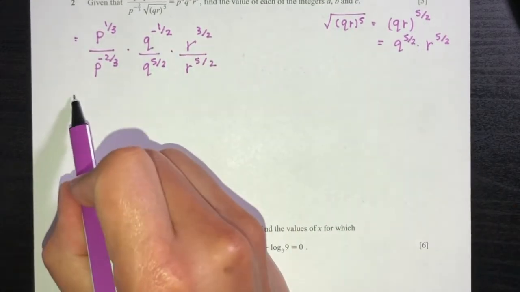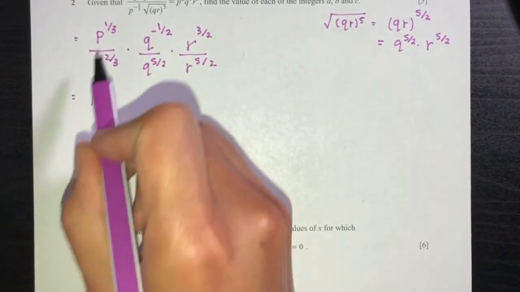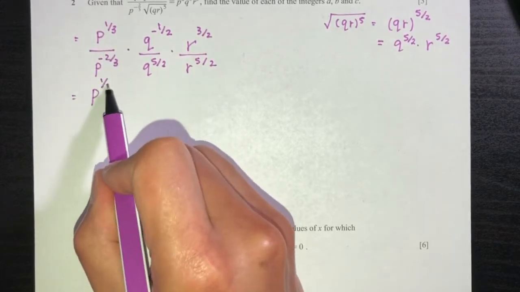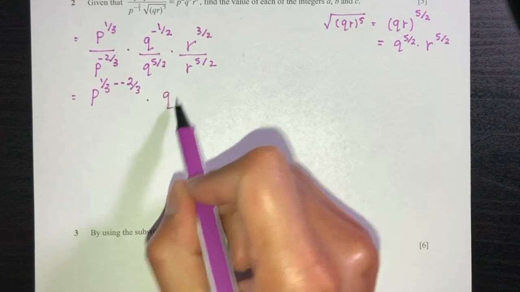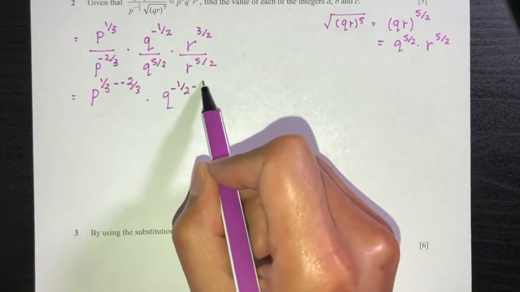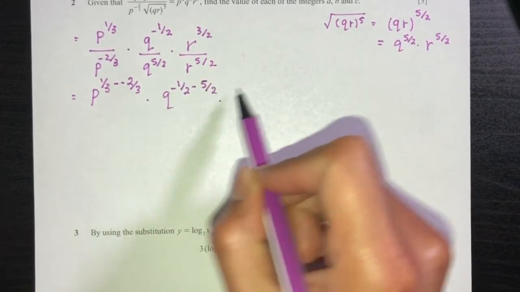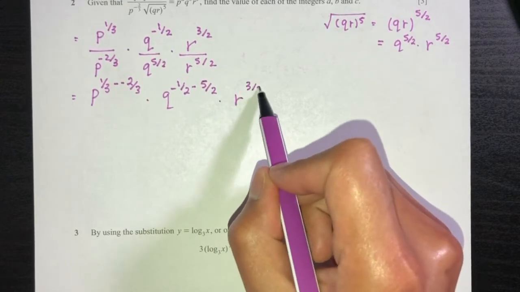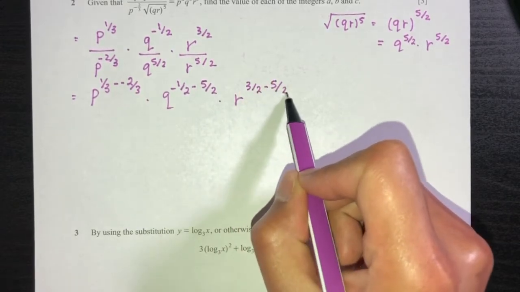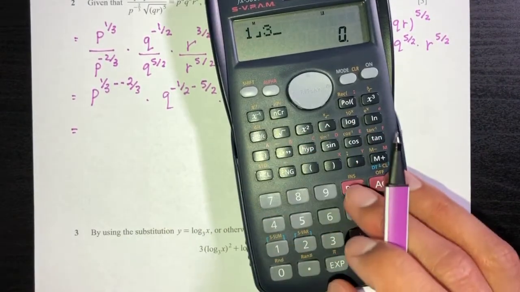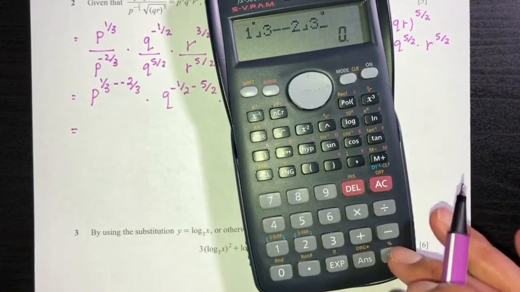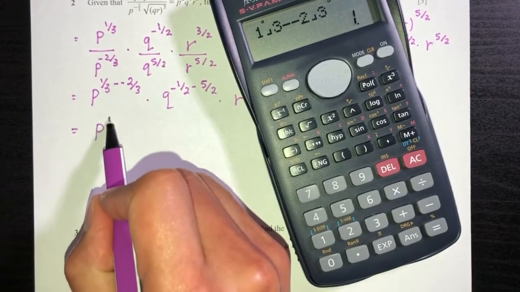Now simplify one by one. So when you have divided, it becomes minus, so 1 over 3 minus minus 2 over 3. Q to the minus half minus 5 over 2. R to the 3 over 2 minus 5 over 2. Simplify 1 over 3 minus minus 2 over 3, that should be 1.